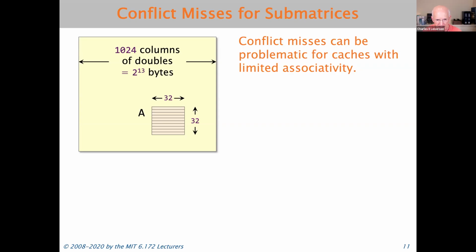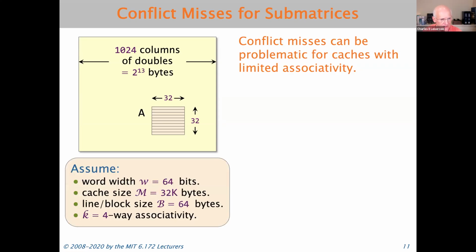Now, let's assume that we have a pretty typical L1 cache, and the word width is 64 bits. The cache size is 32 kibibytes. The line and block size are 64 bytes. And we have, say, 4-way associativity.